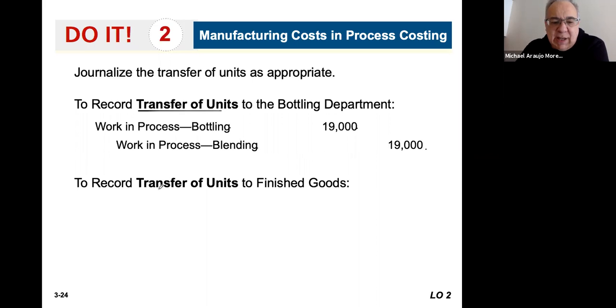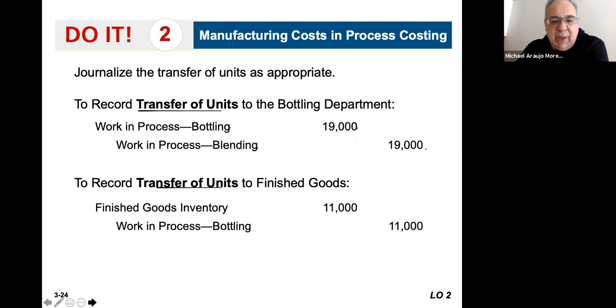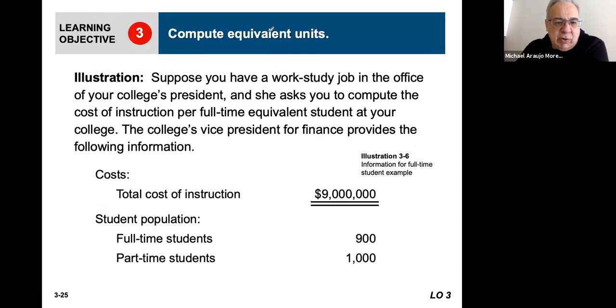Once bottling is done, it's time to move it over to finished goods. And so they had $11,000 of finished goods that were ready. Finished goods inventory gets the debit of 11,000. Where did that come from? The bottling department, work in process bottling, will see that decrease by 11,000. And that's what they wanted you to do for that.